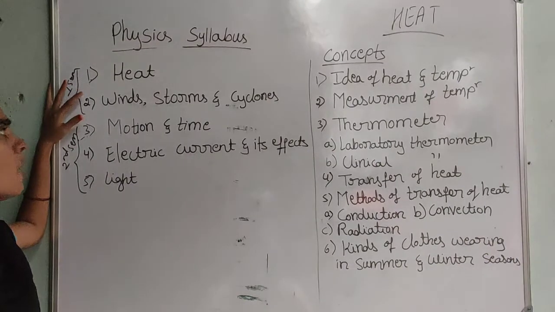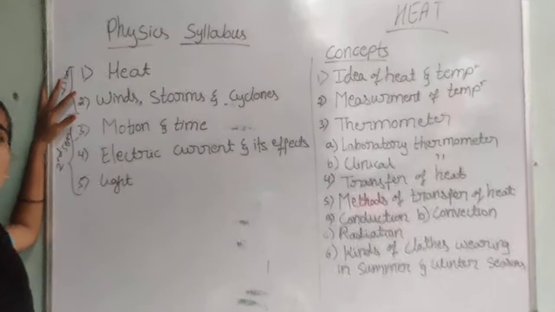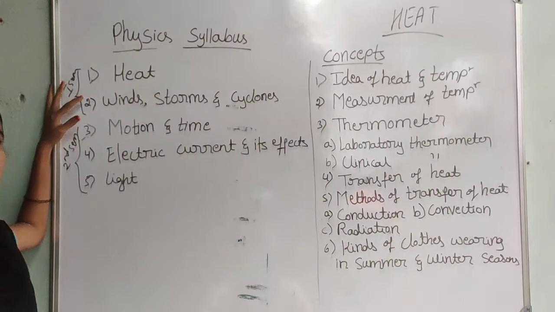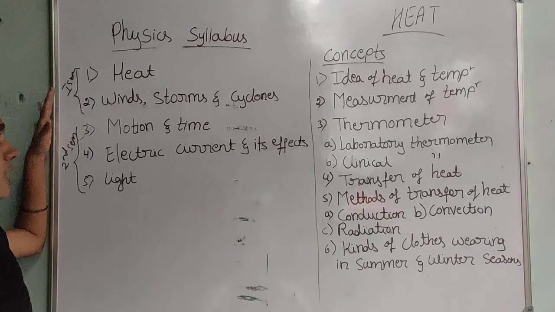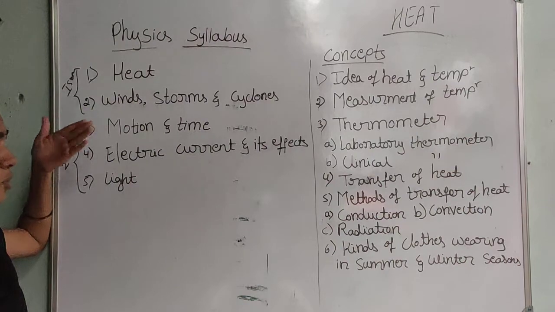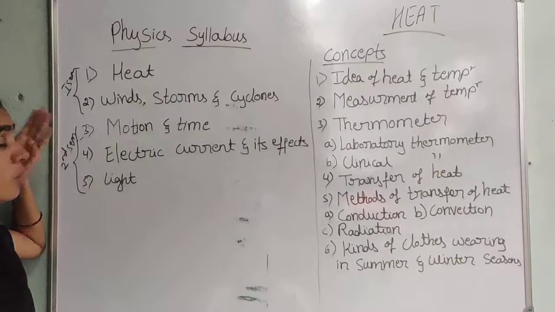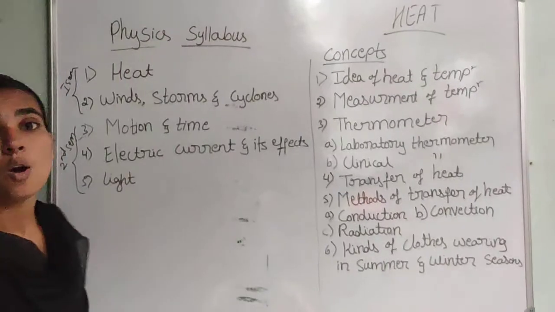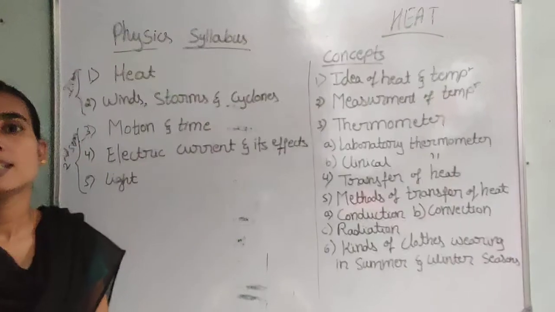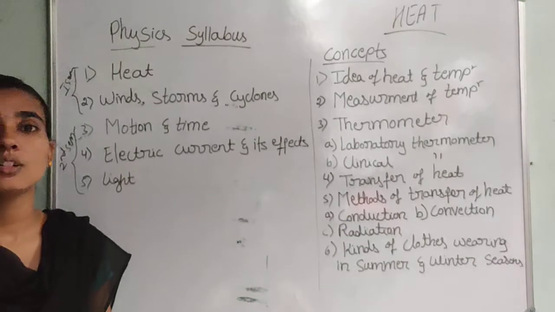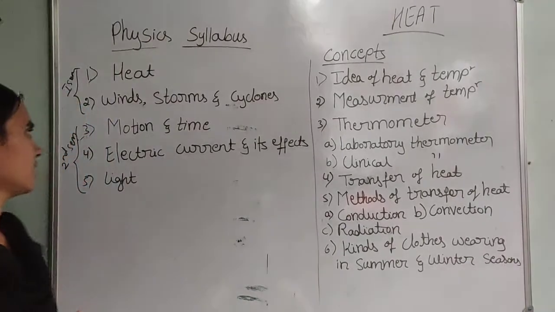They happen by nature. How are winds, cyclones and storms observed? In the rainy season we can observe the presence of winds, storms and cyclones. How do these things form? What is the effect of winds, storms and cyclones? What is the reason for their formation? We also have to discuss this.